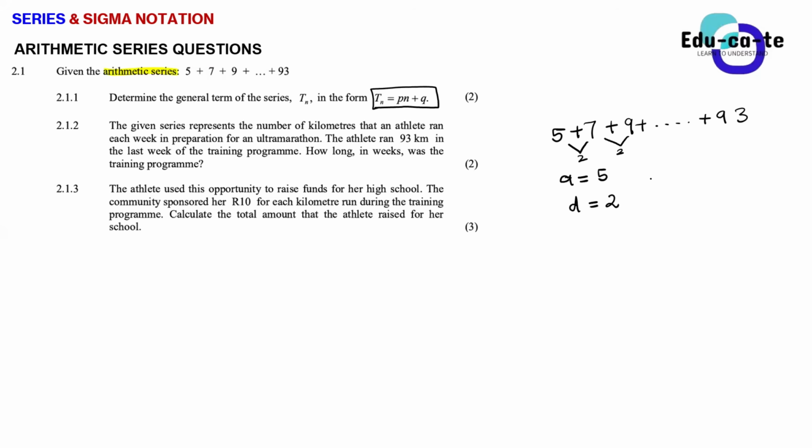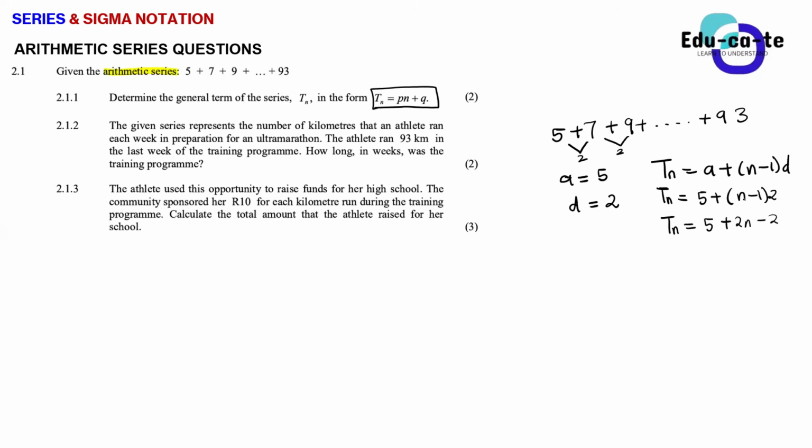So to find your general formula Tn, you just say Tn is equals to A plus n minus 1 times d. Then you substitute your values. This is simple for you guys. I wish I could skip this to make things faster. And then this is n minus 1 times the common difference, which is 2. Then you just do your algebra there. This is gonna be 5 plus 2n minus 2.